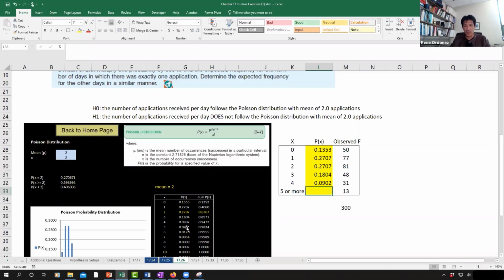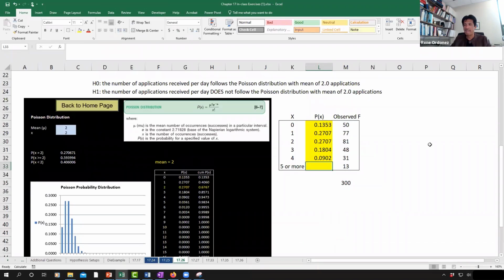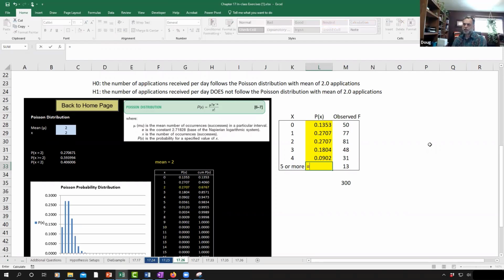For the 5 or more, the long method would be to add all these numbers up. The shorter way would be to what? Use the complement rule and do 1 minus the sum of all the prior probabilities.